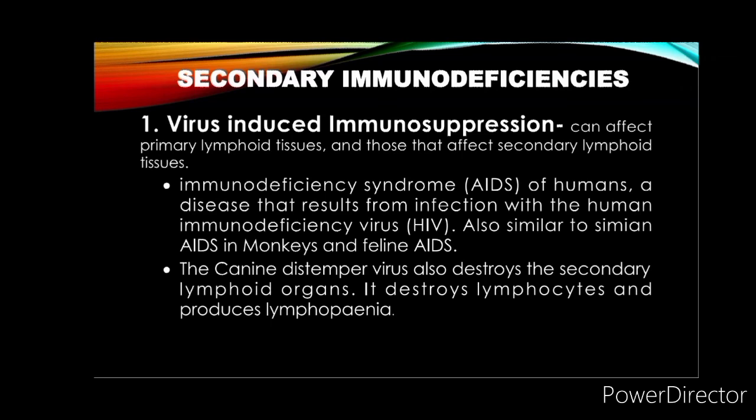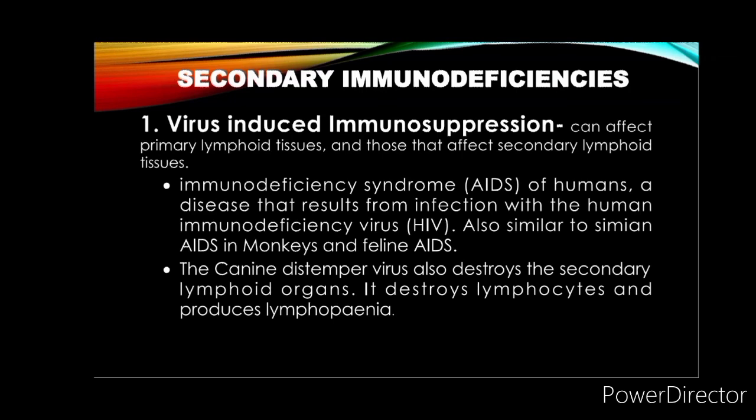The acquired immunodeficiency syndrome of humans, a disease that results from infection with the human immunodeficiency virus, or HIV, is also similar to simian AIDS in monkeys and feline AIDS. The canine distemper virus also destroys the secondary lymphoid organs.